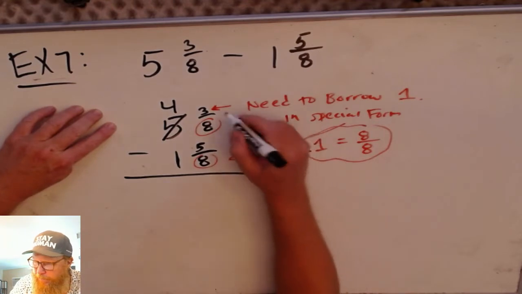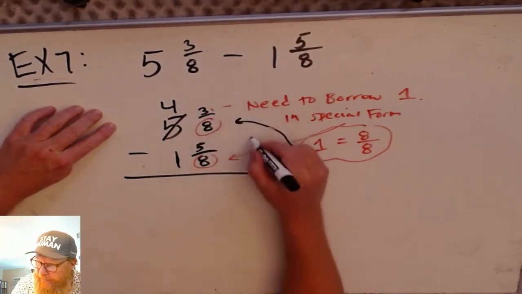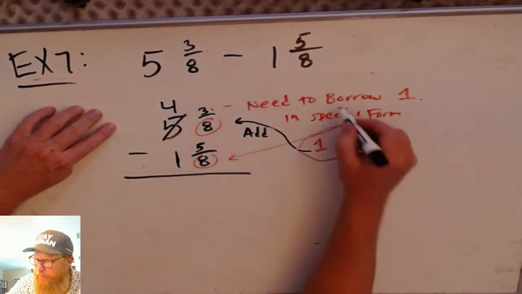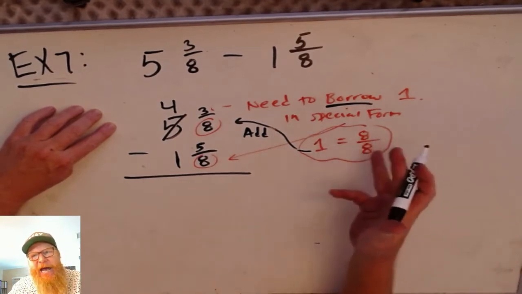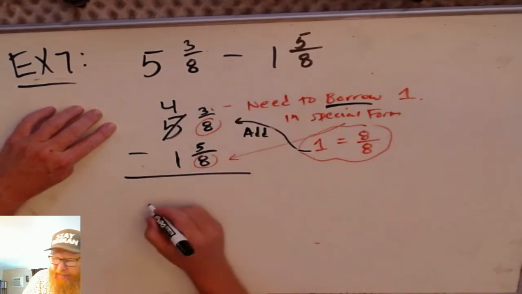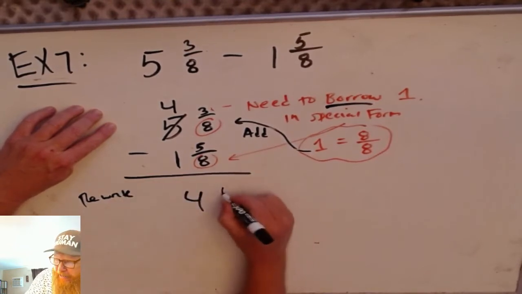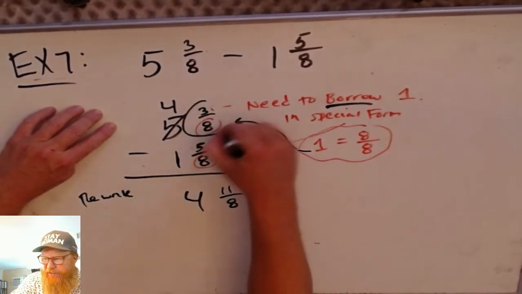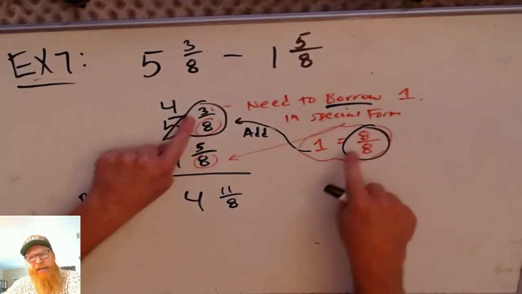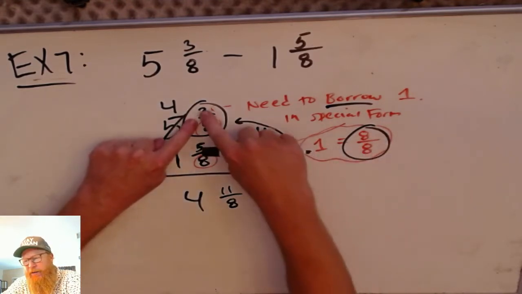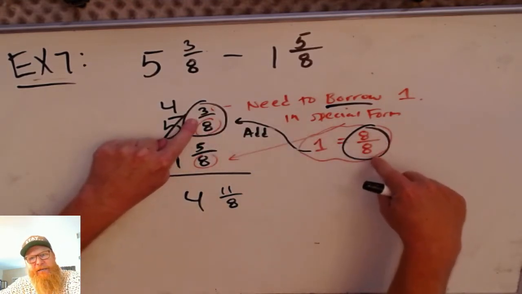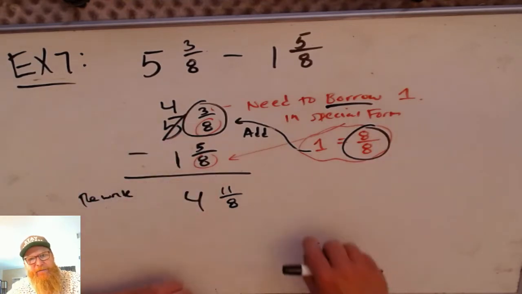And then we're going to add. That's what borrowing means. You're going to add 1 to this fraction here. So I'm going to rewrite it one more time: 4 11/8. You're just going to add these together. 3 plus 8 is 11, so that's 11/8.